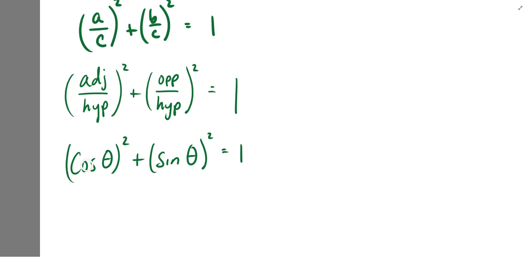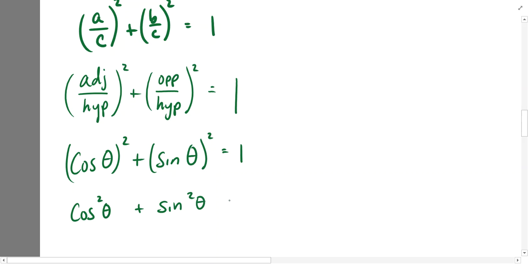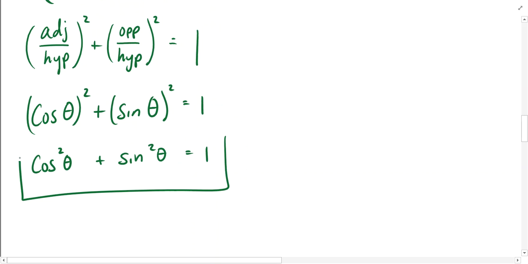And it's common practice when writing trigonometric ratios raised to a larger power not to do so inside of grouping symbols like I've shown here, but instead like this. So cosine squared theta plus sine squared of theta must equal 1. This is typically how you'll see expressions with powers written inside of trigonometric functions.